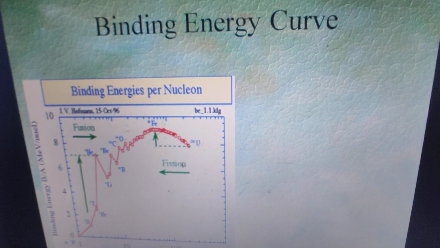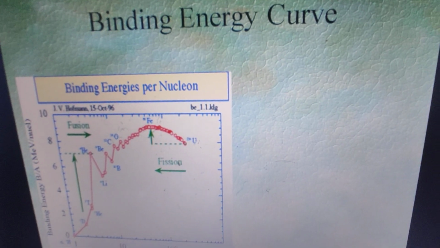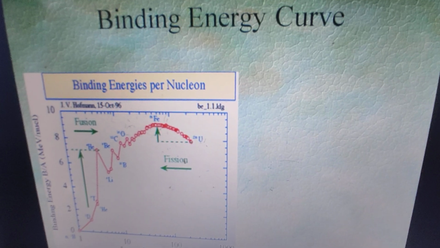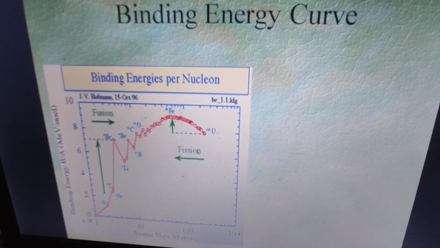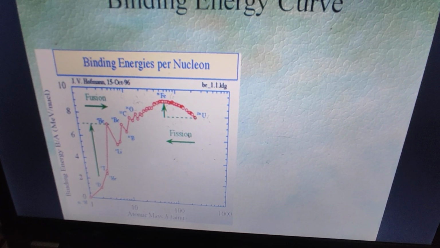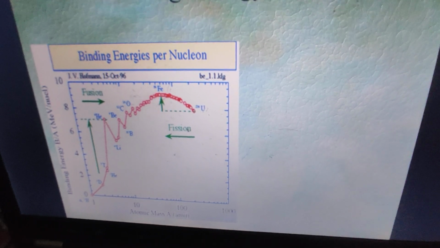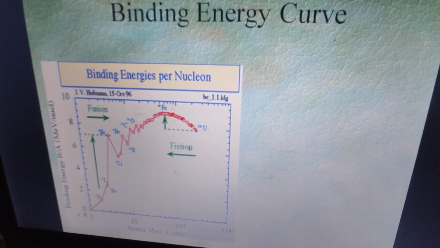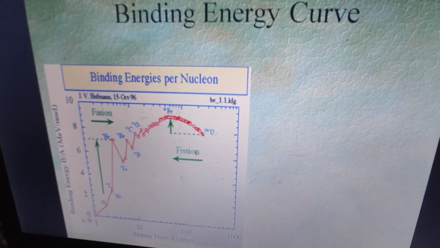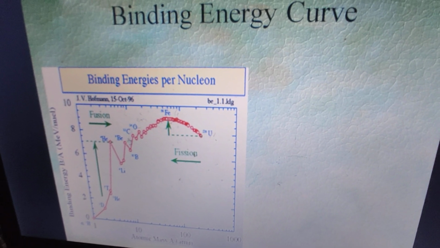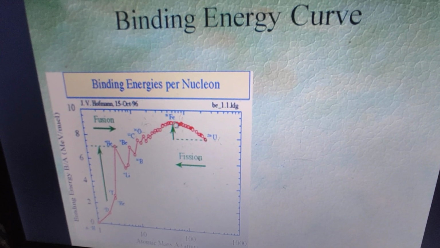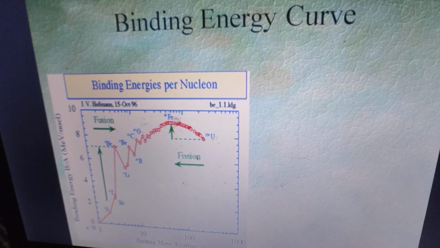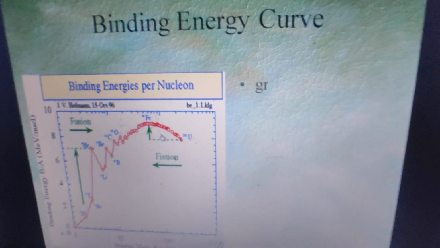This is the binding energy curve, where binding energy per nucleon is plotted against atomic mass. When you see this graph, you can observe there is a peak. This peak represents the most stable element.